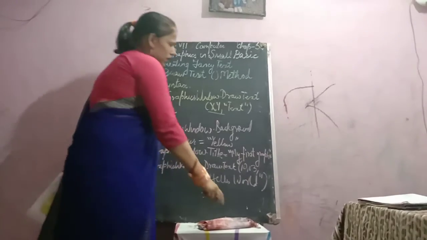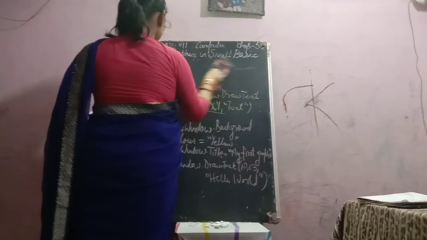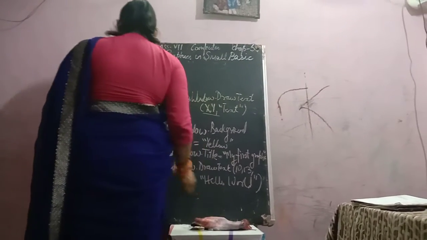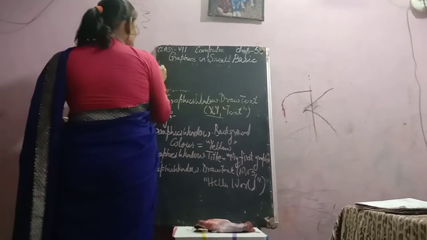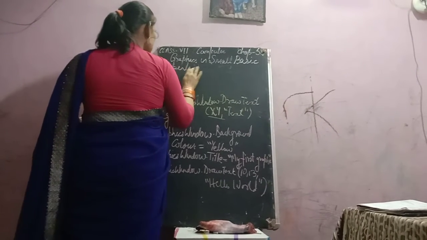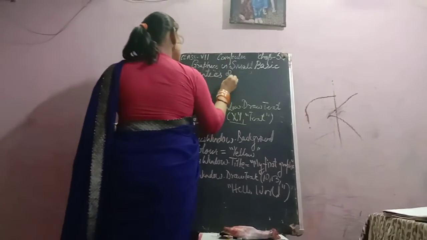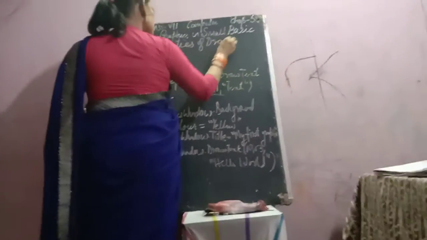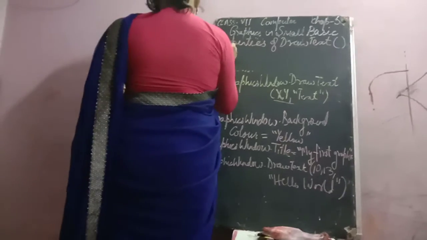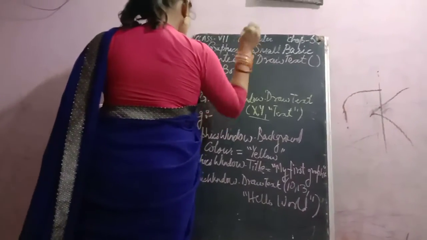Okay. Now the next command is, now I am going to give you the properties. What are the properties? Properties of draw text. The first property is font bold. Okay.